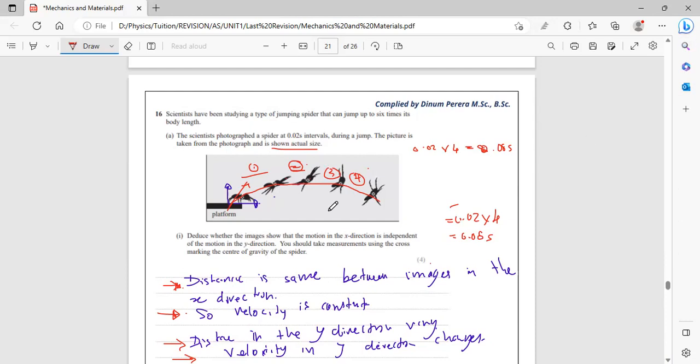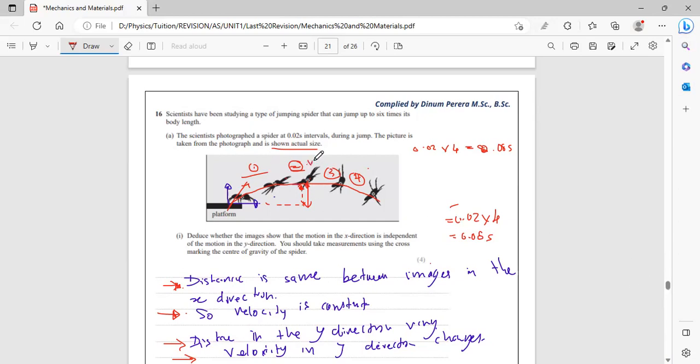Assuming that's the maximum height, if you measure the height for that image, actually you have to measure it up to the center of gravity of the spider, right? So you can consider that as the maximum height.